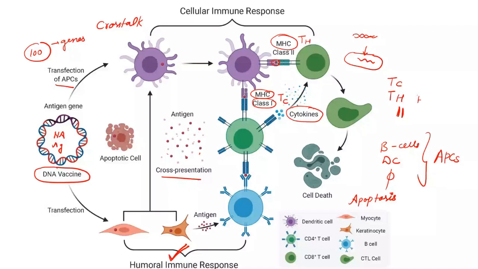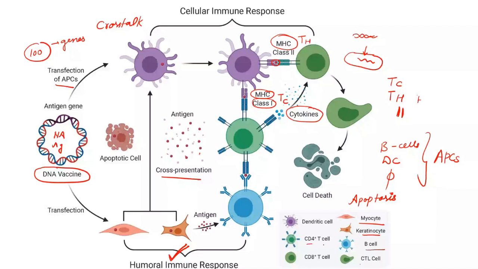B cells are involved in producing antibody. T cells are involved, dendritic cells are involved, like APCs are involved mainly. So it is cell mediated. You can say myocyte, keratinocyte, B cell. CTL means cytotoxic T lymphocyte. CD4, CD8.